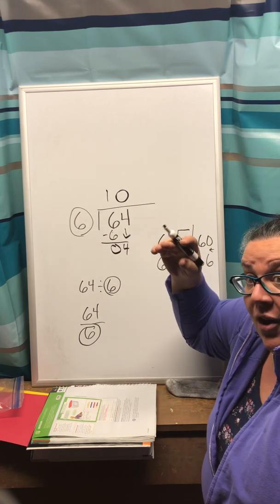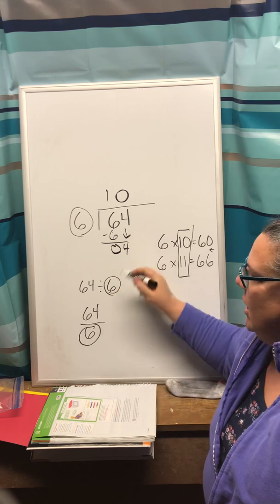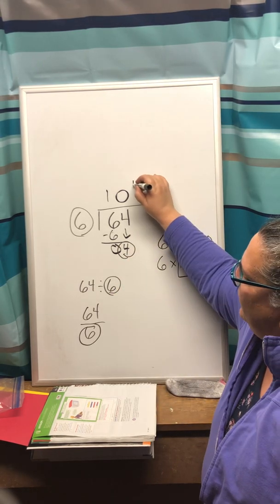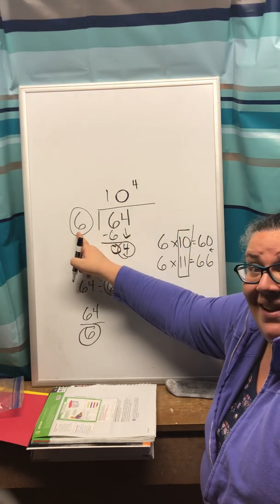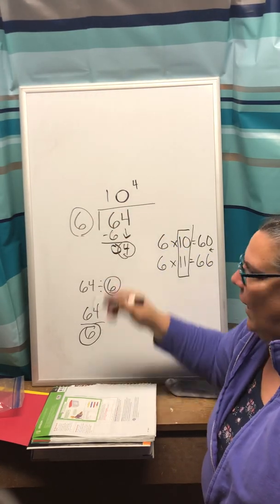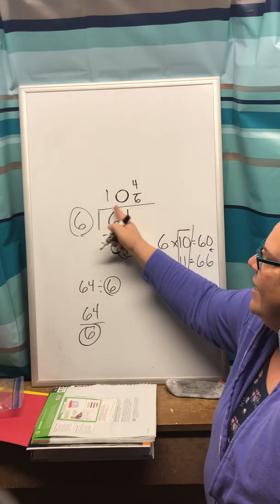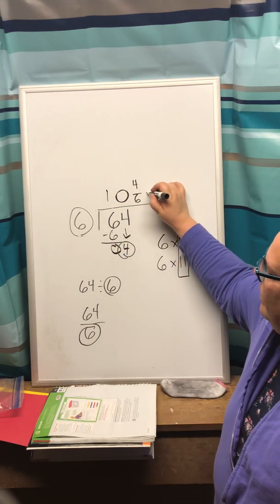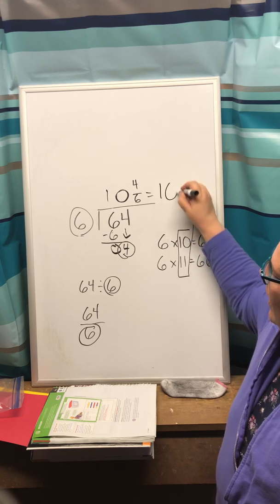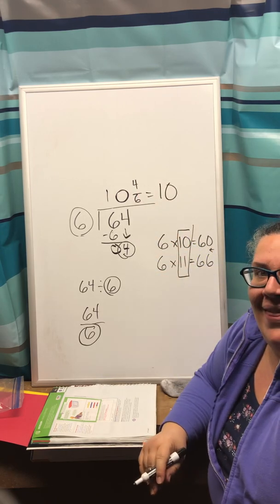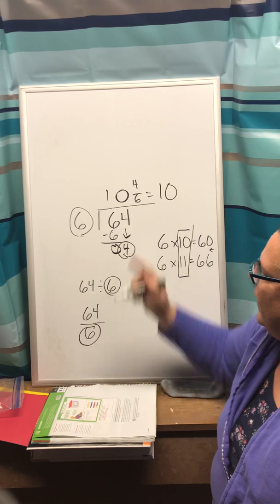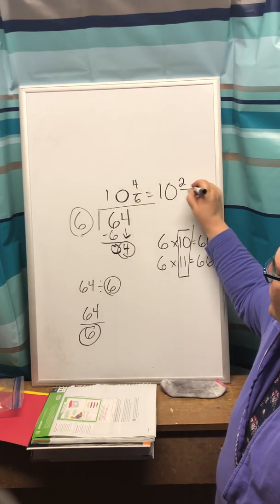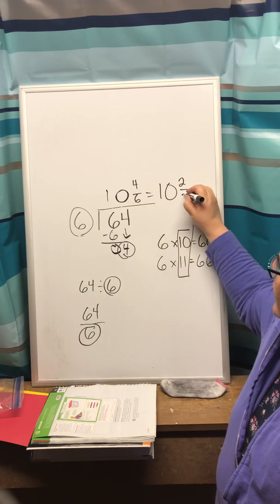I'm going to turn it all into a fraction. So remember, 4, my remainder, is going to be my numerator. 6, my divisor, is going to be my denominator. And I end up with an answer of 10 and 4/6, or, because remember I can simplify that down, if I divide the numerator and the denominator by 2, 4 divided by 2 is 2. 6 divided by 2 is 3.